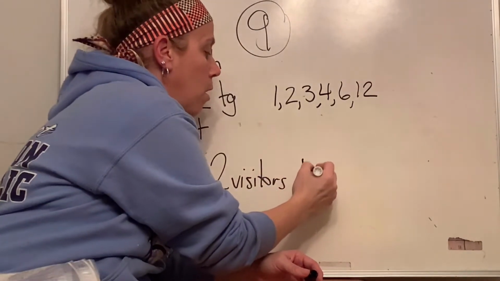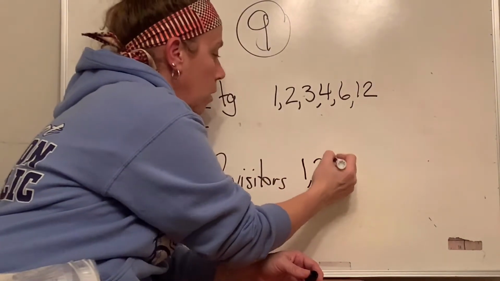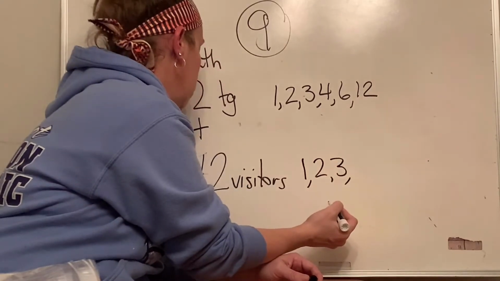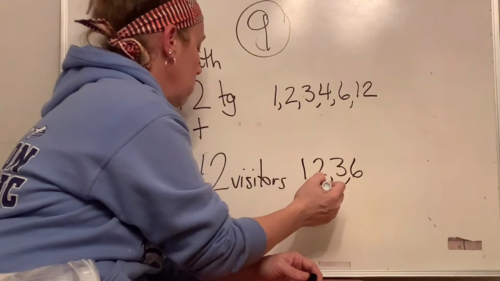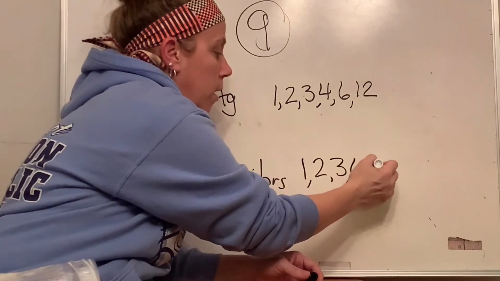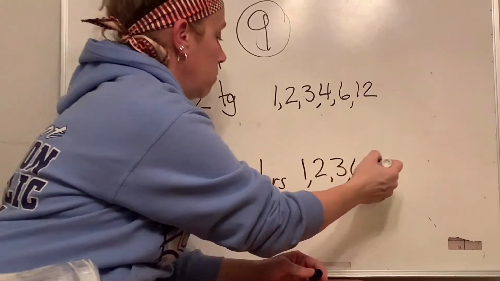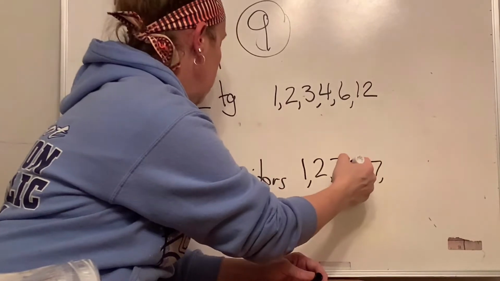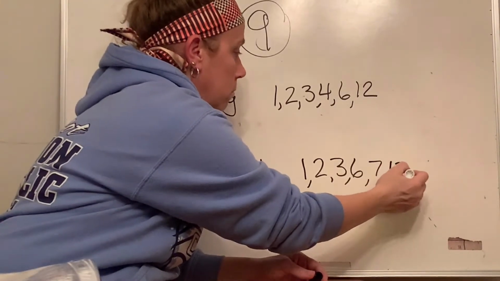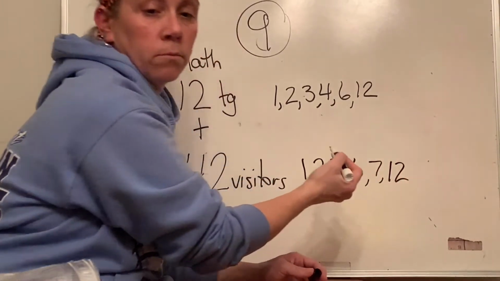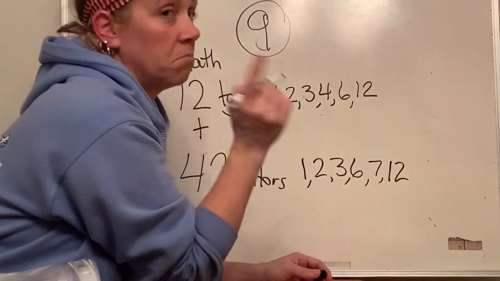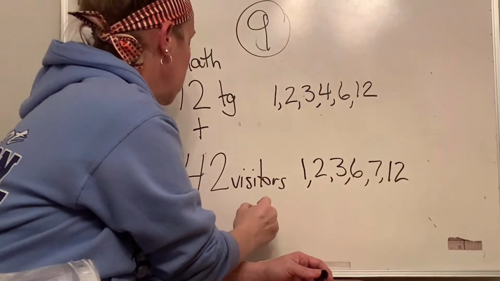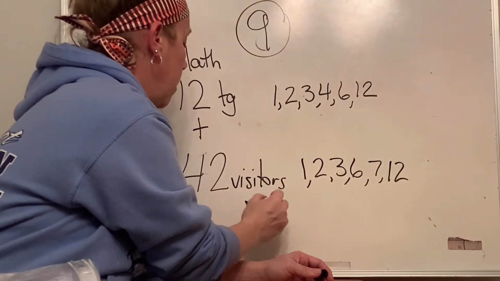of 42: 1, 2, 3, 6, 7, 12... thinking. I'm going to do 42 divided by 3.